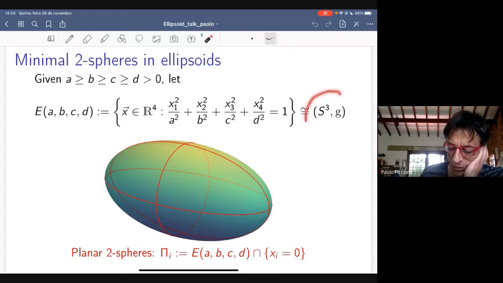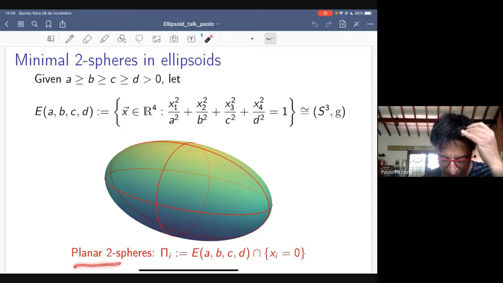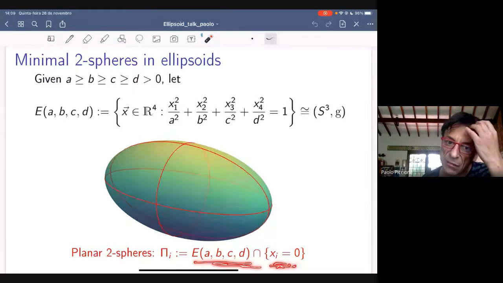Of course, this is diffeomorphic to S3. And there are 4 easily seen minimal 2 spheres, which are planar. They are obtained by taking the intersection of the ellipsoid with the 4 coordinate planes, okay?